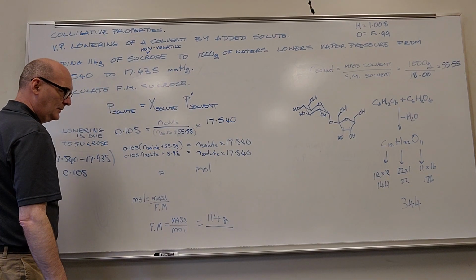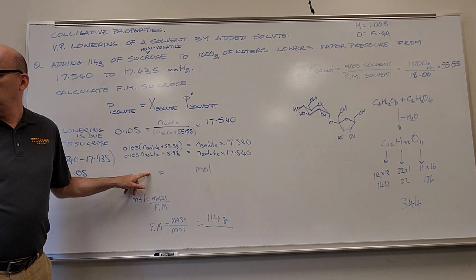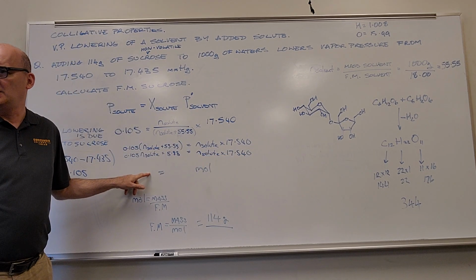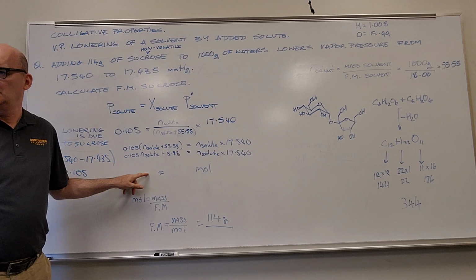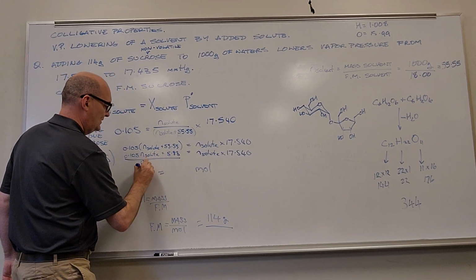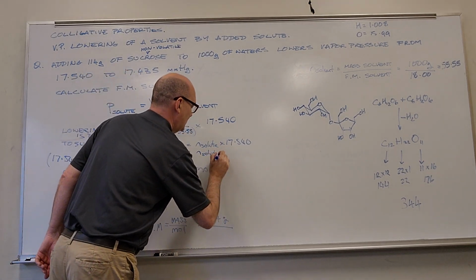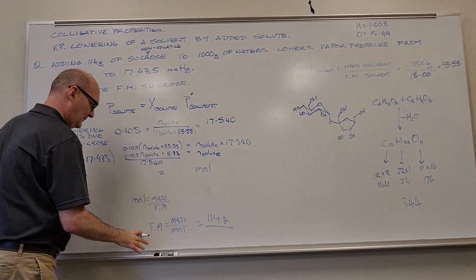Okay, the next thing I would probably do would be divide. I usually try to get rid of those first. So if I divide that by 17.54, it makes that go away.